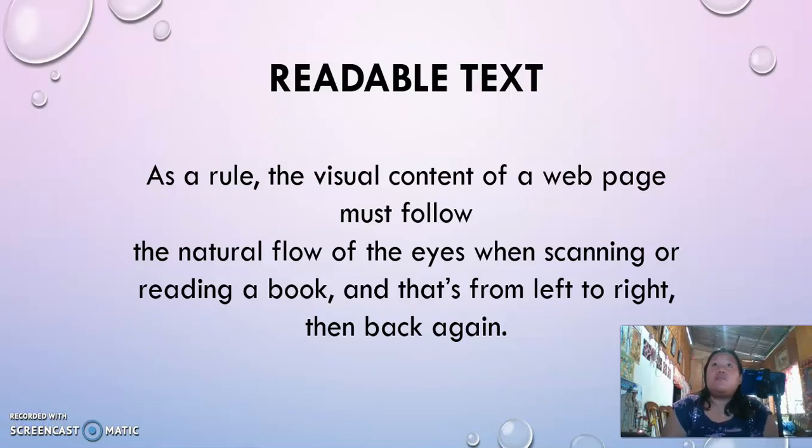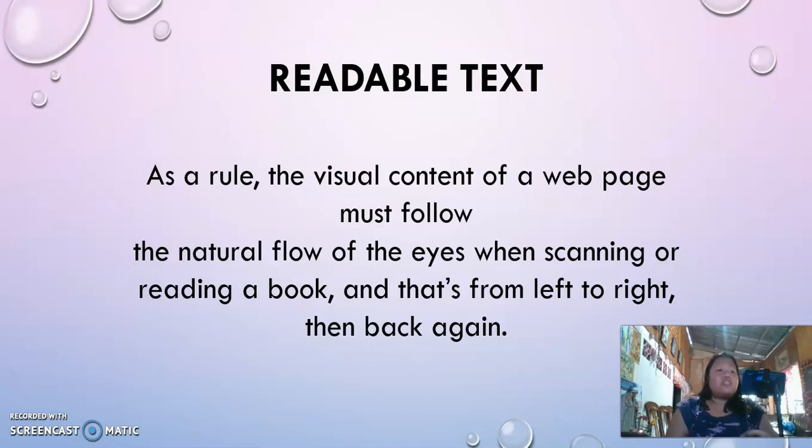There is something wrong with this text, but anyway, for the readable text, you have to check that the target audience is able to understand what the seller is trying to say with ease. So the typeface used must be not too small or too big. It must be easy to read and straightforward, such as Calibri or Arial.